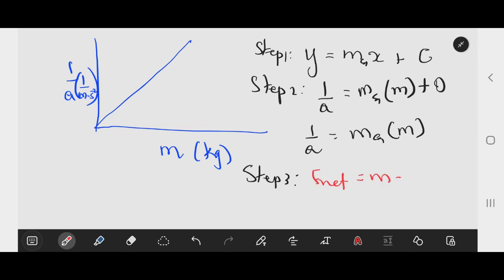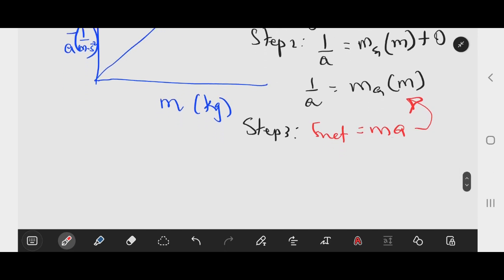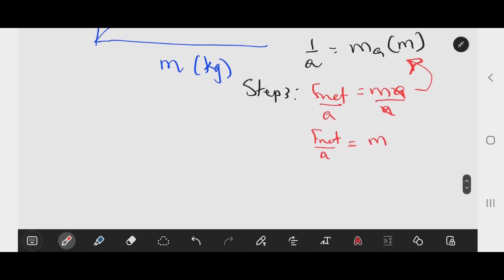And then step number 3, we manipulate the original formula, which is F net equals ma. We manipulate this formula so that it looks like the formula in step number 2, so we have to make 1 over acceleration the subject. We can divide both sides by acceleration, then we have F net over a equals the mass of the object, and we can multiply both sides by 1 over F net.